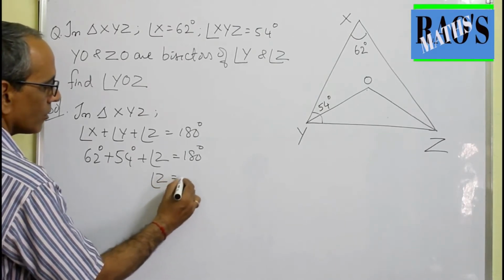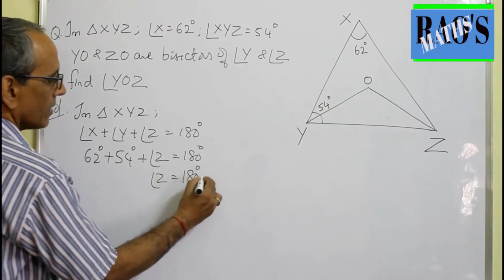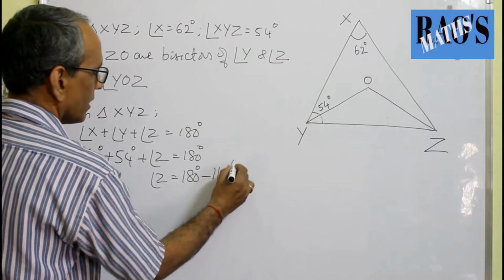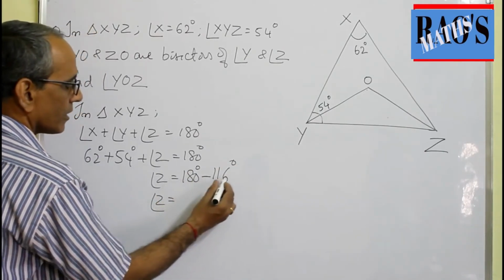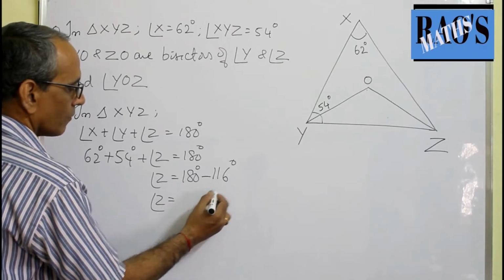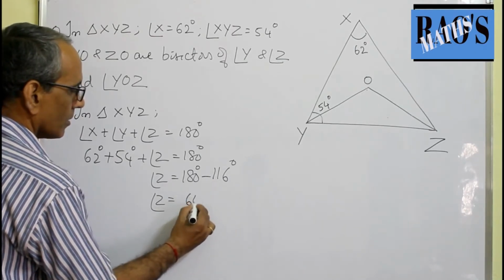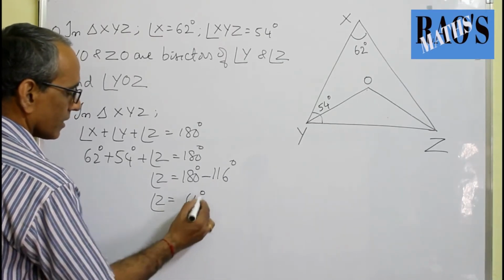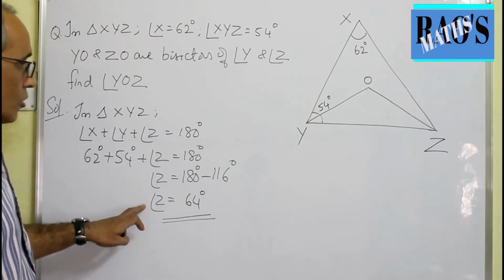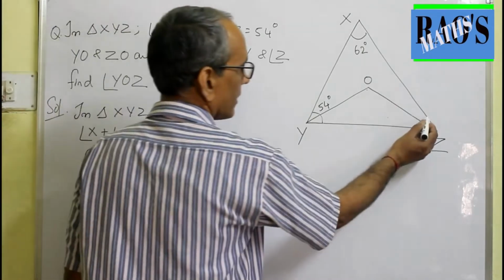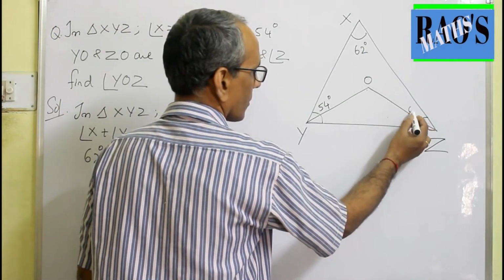Therefore, angle Z is equal to 180 minus 116 degrees. So angle Z is 64 degrees. So, the total measure of Z is 64.